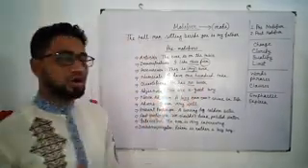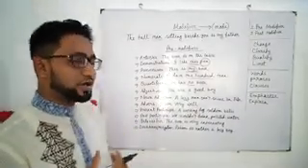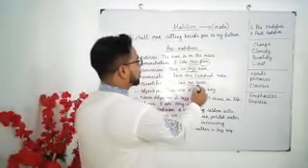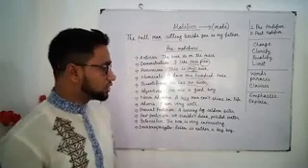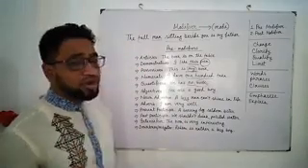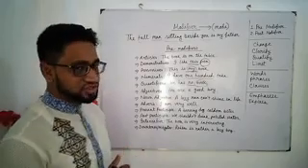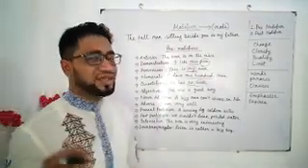Here no is the quantifier, and it modifies the word book. So quantifiers can also be modifiers. Then adjectives. I told you that a modifier is something like an adjective.